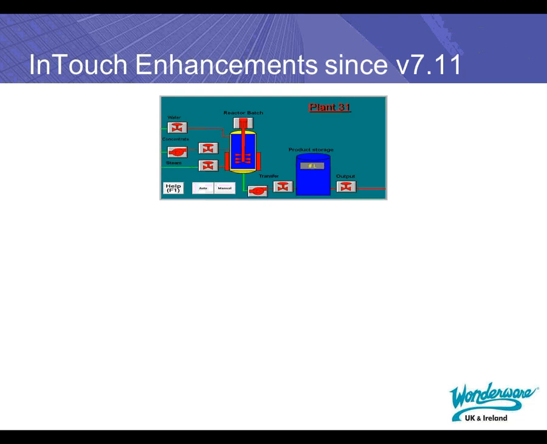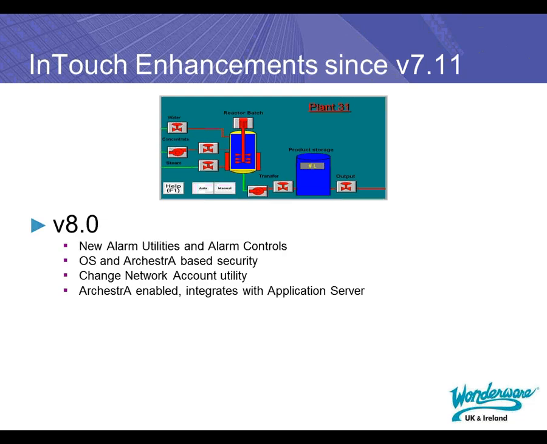In InTouch version 8, the Alarm DB Logger Manager, Purge Archive Utility, and Alarm Database Restore Utility were first introduced, as well as the Alarm Viewer Control and Alarm DB View Control.